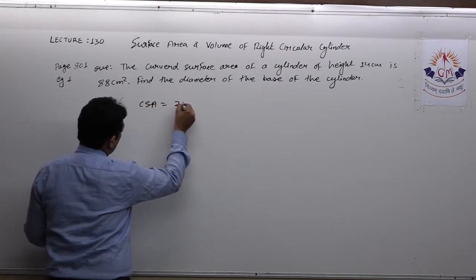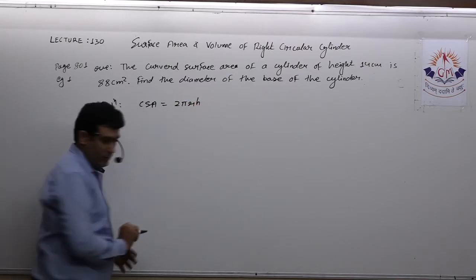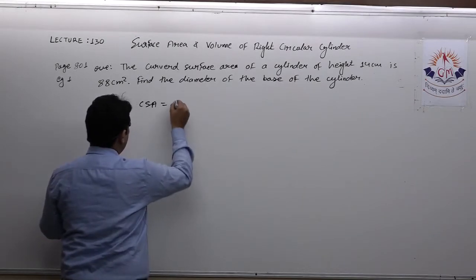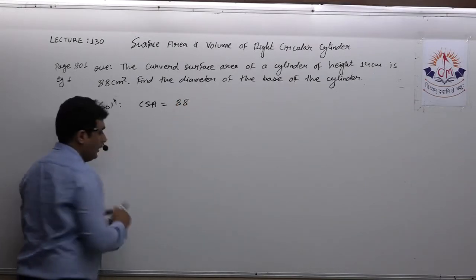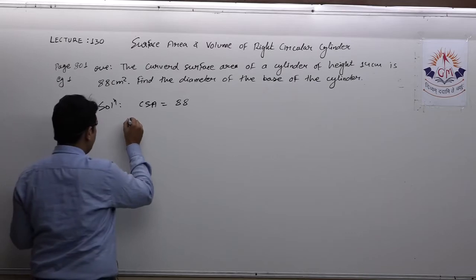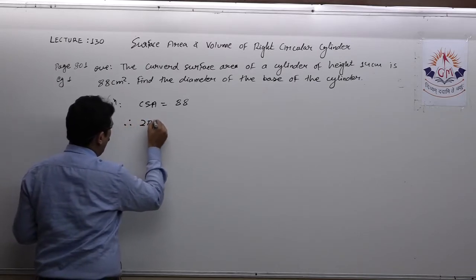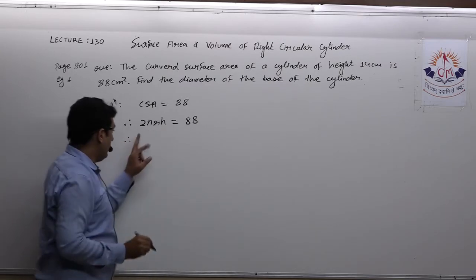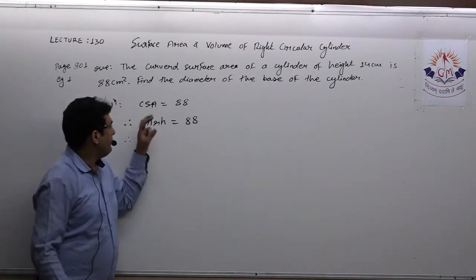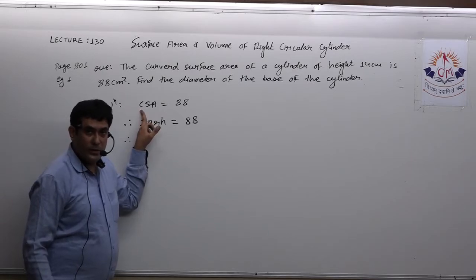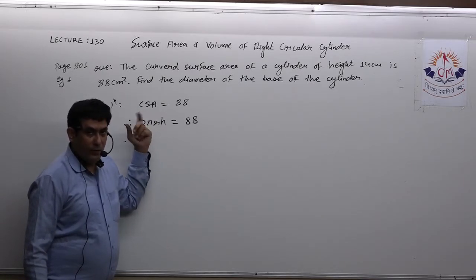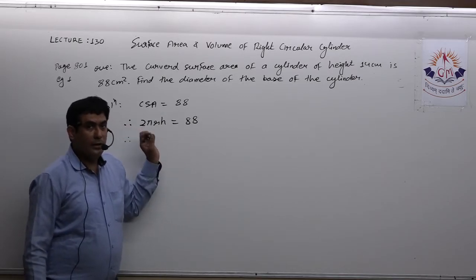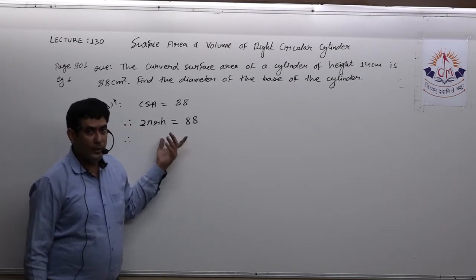CSA is equal to 2 pi rh. It is given CSA is equal to 88 centimeter square. Now, what is the formula of CSA? 2 pi rh is equal to 88. Now, in other words, we can say this is actually a linear equation in one variable, in which there is a formula that you have to remember, and out of all the variables, one variable will not be given to you and the remaining all will be given.